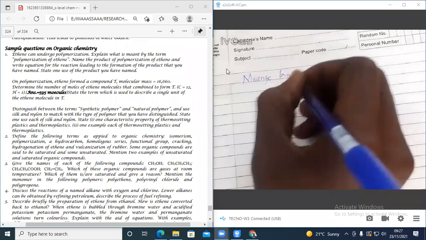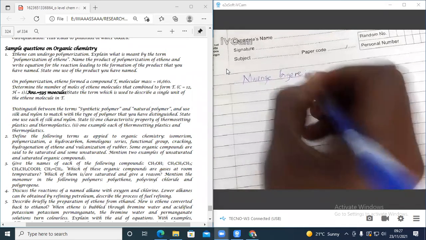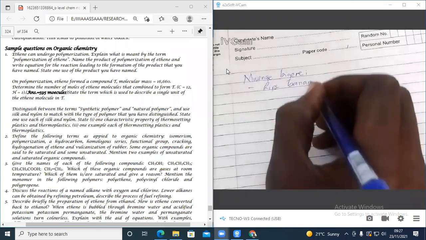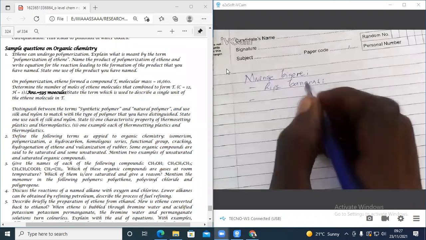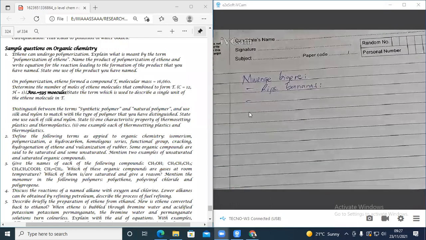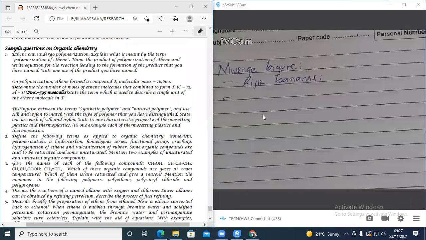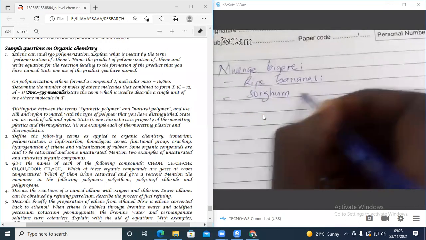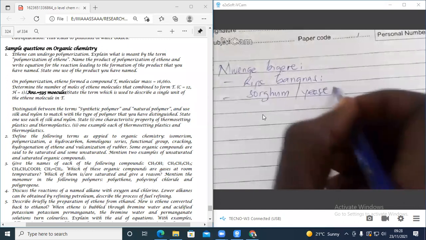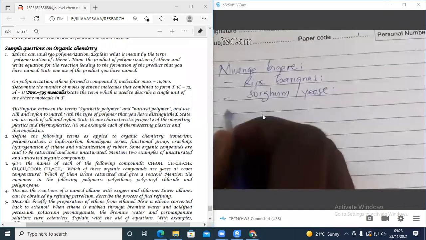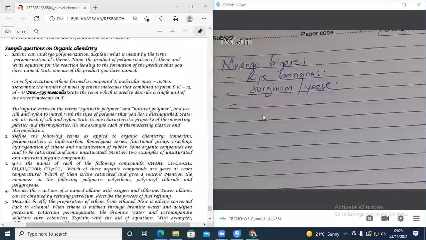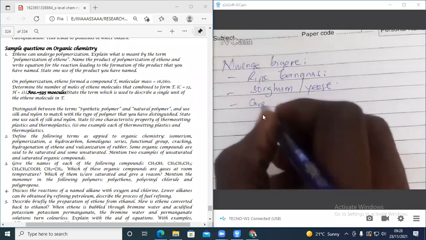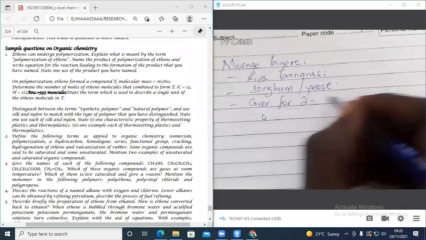First, they use ripe bananas, and they add what we call sorghum, and sometimes yeast. And then they cover it and they store it for 2 to 3 days.